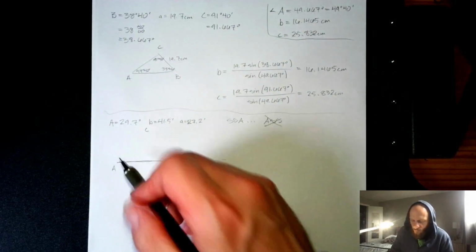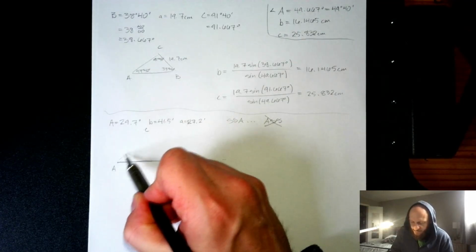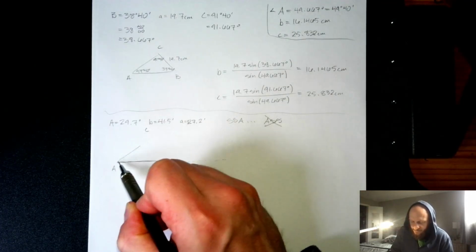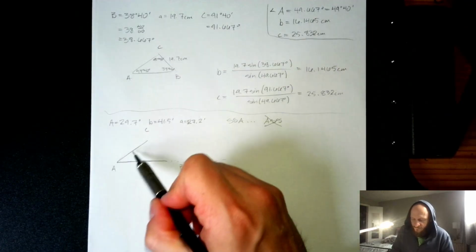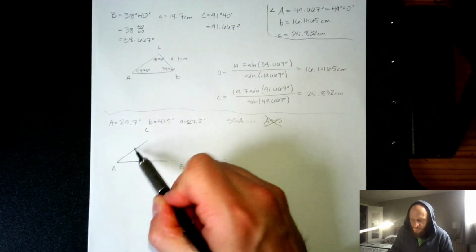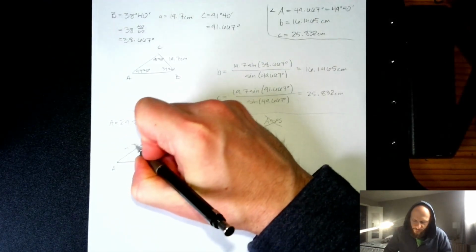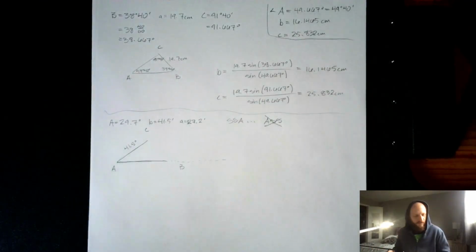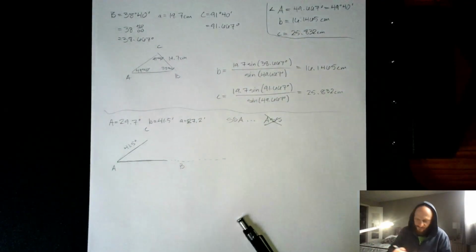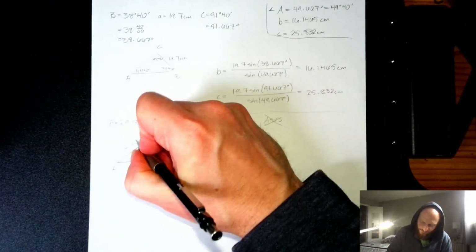So A is 29 degrees, about 30 degrees, so we'll say it's like this. Angle B is somewhere over here, so this is side B right here. Side B is 41.5 degrees. Oops, not degrees. That side isn't 41.5 degrees. That's strange. It's 41.5 feet.